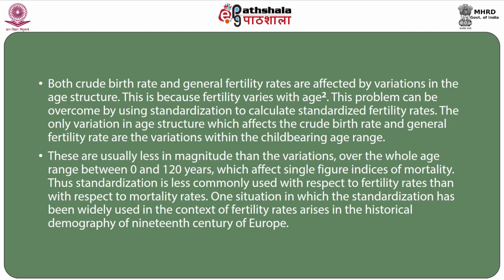The only variations in age structure which affect the crude birth rate and general fertility rate are the variations within the childbearing age range. These are usually less in magnitude than the variations over the whole age range, that is between 0 and 120 years, which affect single figure indices of mortality. Thus, standardization is less commonly used with respect to fertility rates than with respect to mortality rates.